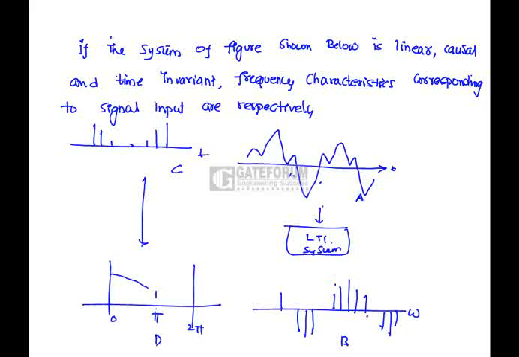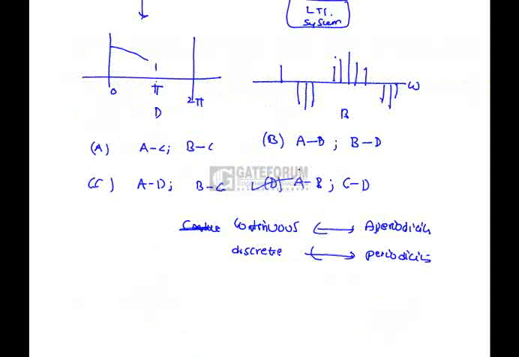So A is B and C is D, because C is discrete and aperiodic. Means if it is discrete, it is going to be periodic, 0 to 2 pi, again 2 pi to 4 pi, 4 pi to 6 pi. So it is periodic, means it is going to be a continuous spectrum. So C to D, hence option D is correct.